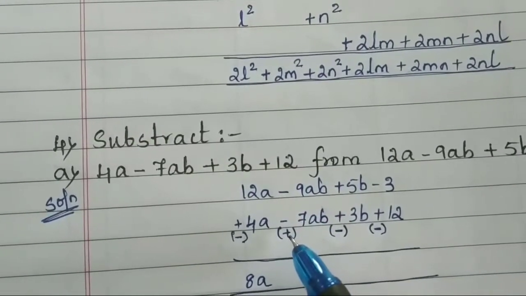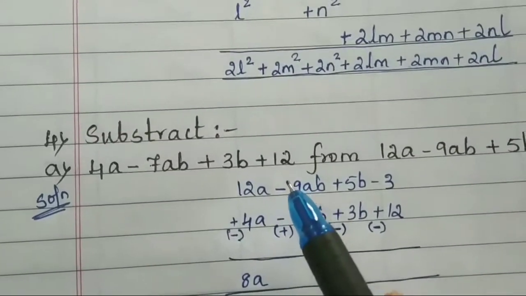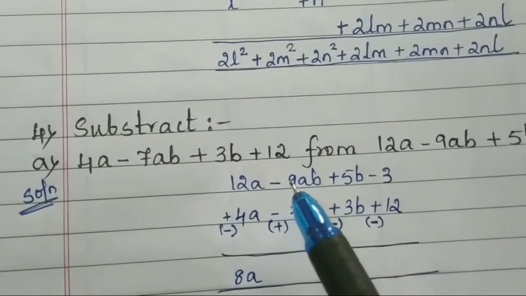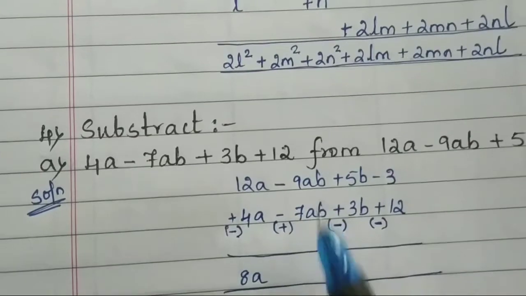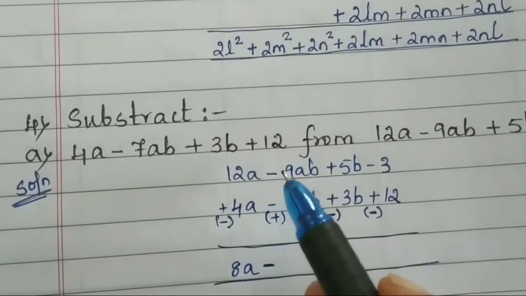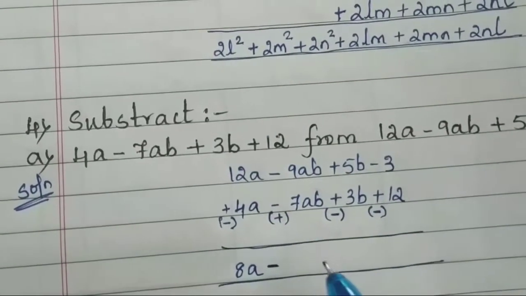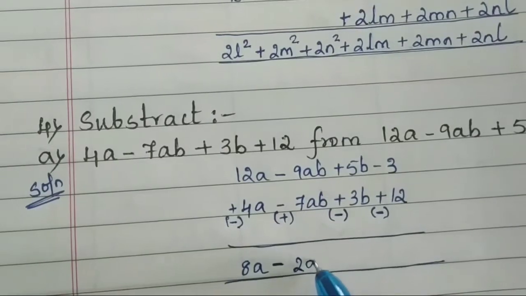As I told you earlier, when there is one minus and one plus sign, we have to see the sign of the greater number. So greater number, that 9, is having minus sign. We have to put minus sign and always we have to subtract. So 9 minus 7 is 2ab.